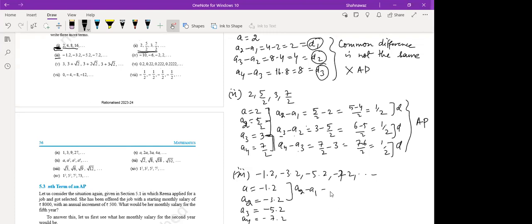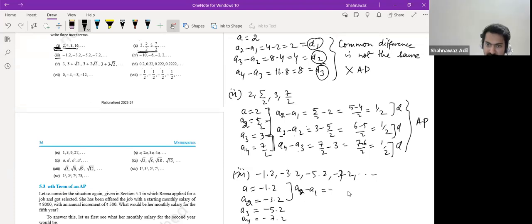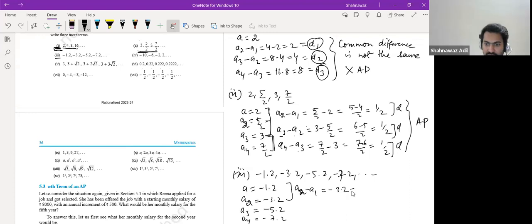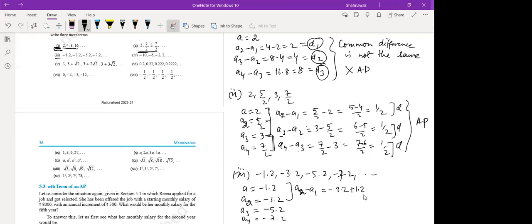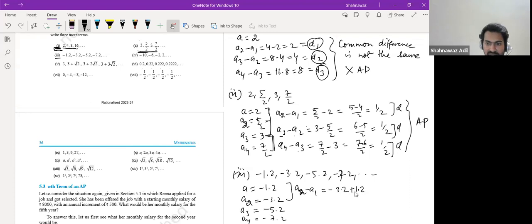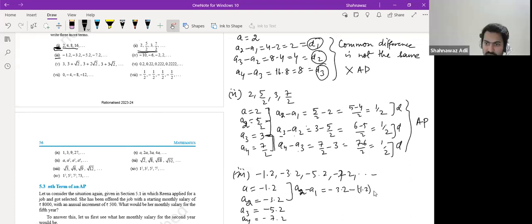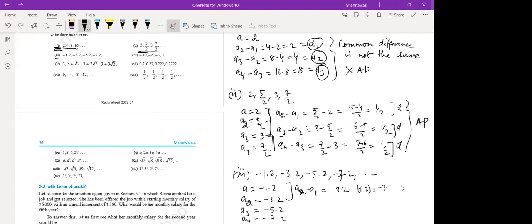A2 minus A1, which is minus 3.2 minus of minus 1.2. Minus of minus would be plus. So let me write it again. This is minus 3.2 plus 1.2.